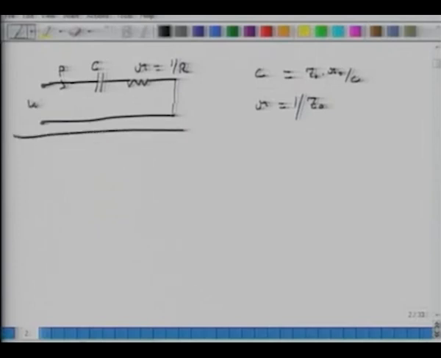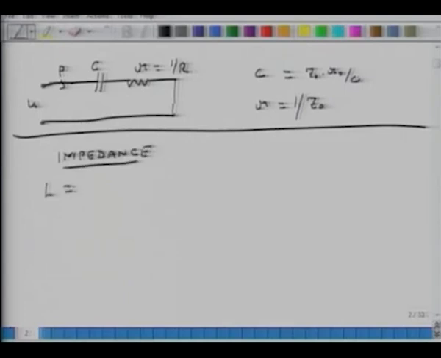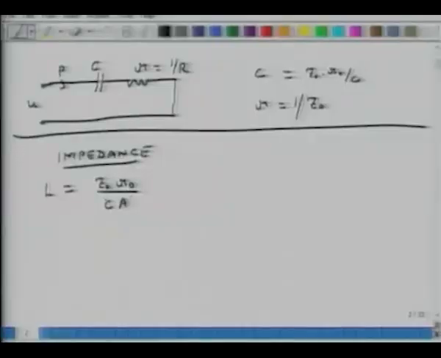If I use volume velocity and the pressure, then in impedance analogy, my L, which is the inductive part, is basically Z naught R naught over, what is the transformation ratio? A, right? And my resistance is Z naught over A.